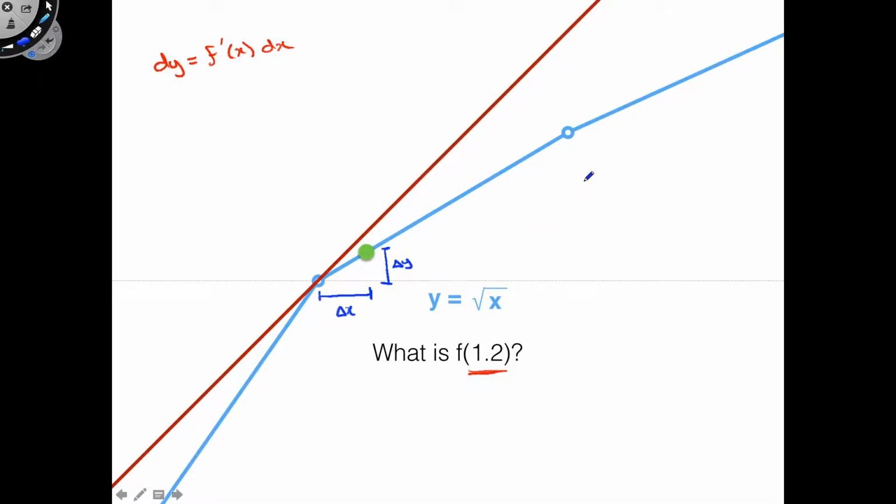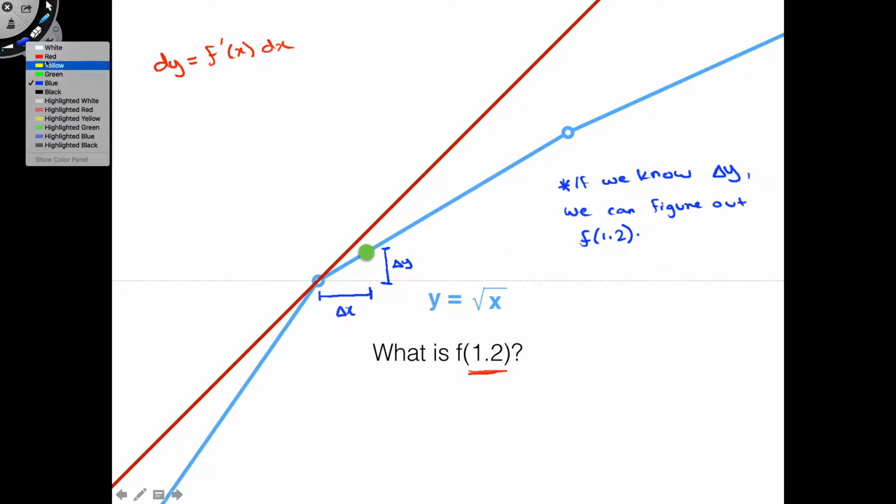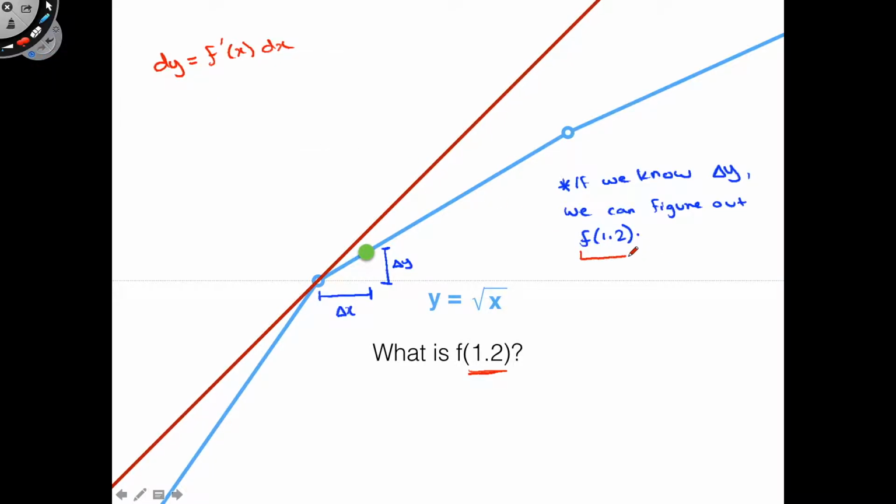Now here's the interesting thing. If we know delta y, we can figure out f of 1.2. Now, how would we do that? Well, it's pretty straightforward. f of 1.2 can be calculated by taking f of 1 and tagging on that delta y.